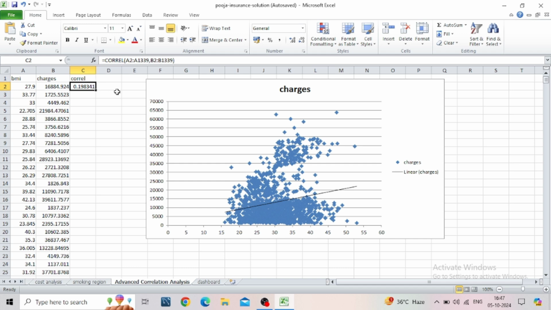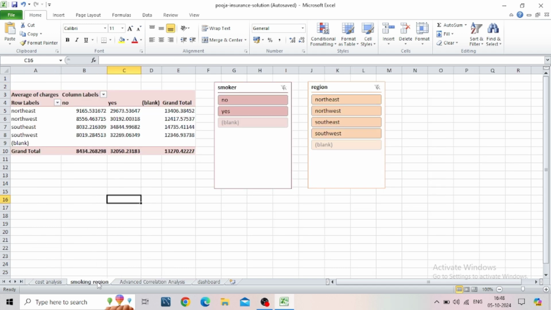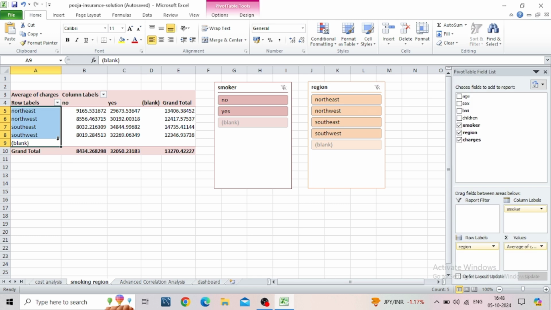And my task 9 is smoking regions. In task 9, I focused on analyzing the interaction between smoking habits and region. To do this, I created a pivot table that summarized the number of smokers across different regions.